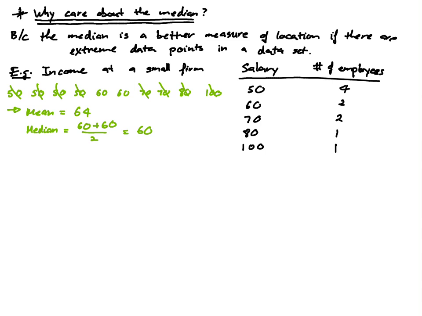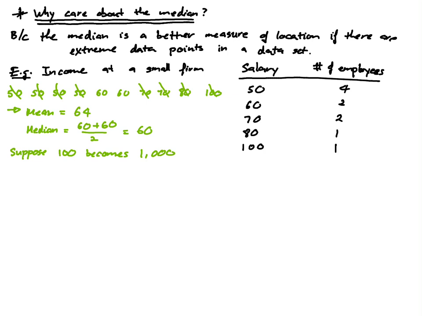Now, suppose for a second, right? Let's say the CEO decides to pay himself or herself $1 million instead. So suppose 100 becomes 1,000. Right?